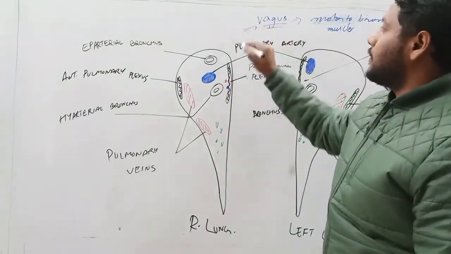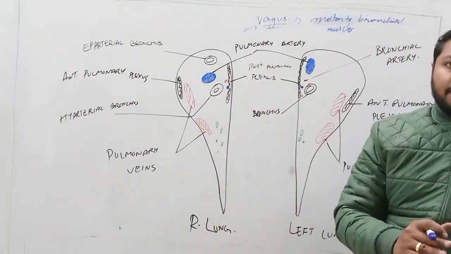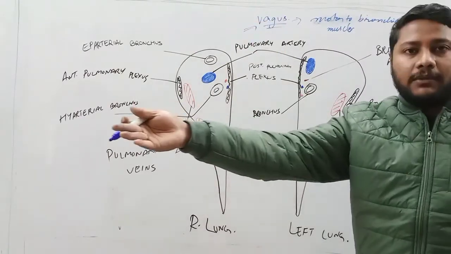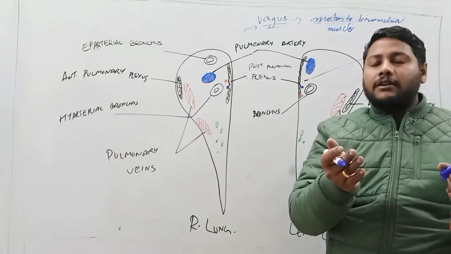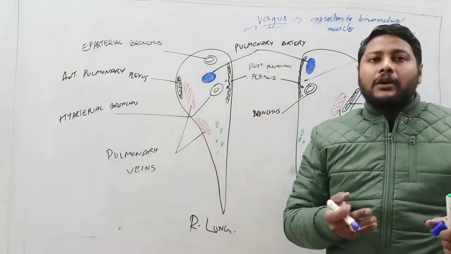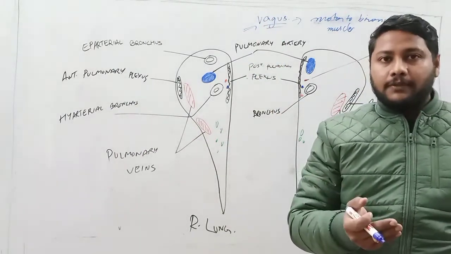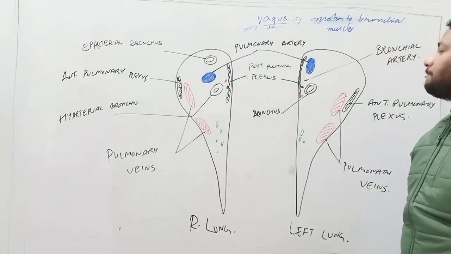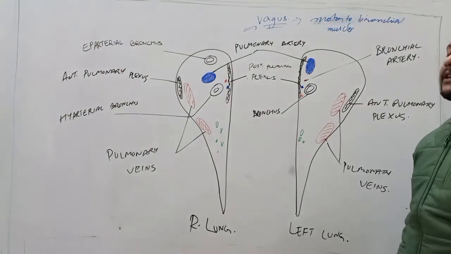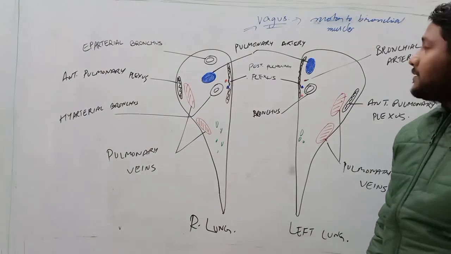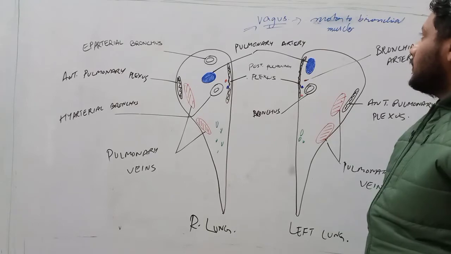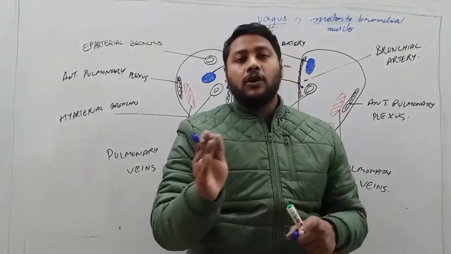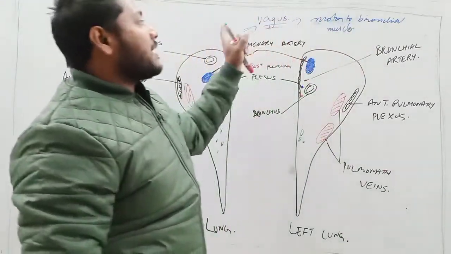On stimulus of this vagus, what happens is bronchospasm. Bronchospasm occurs when the vagus nerve is stimulated in the lungs. Also, it is secretomotor to the mucous glands, and it is responsible for the stretch reflex and cough reflex. So this is about the parasympathetic.